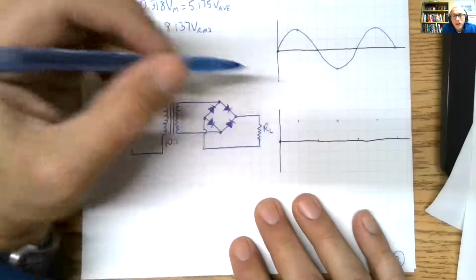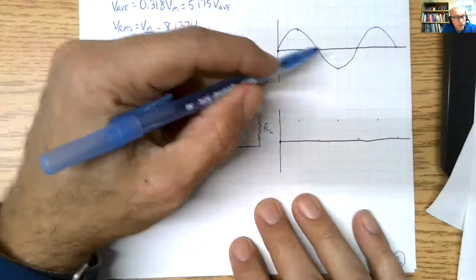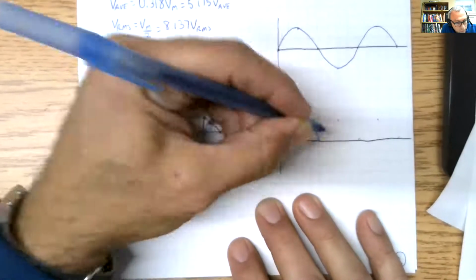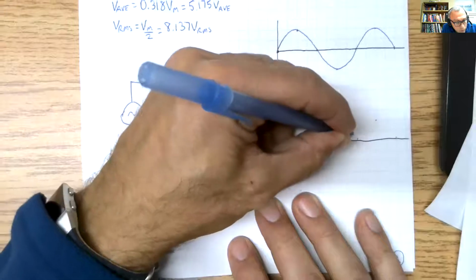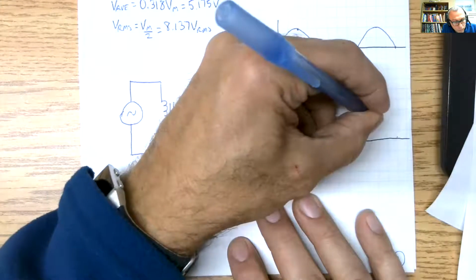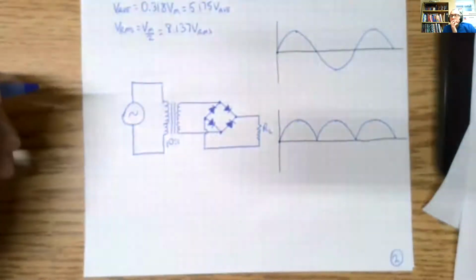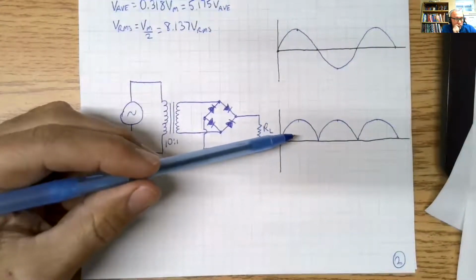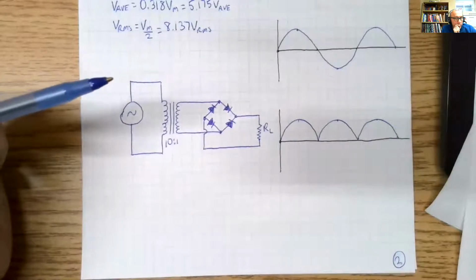So it is rectifying both halves of the cycle, the positive and the negative. So what we're getting is this. We're getting that, okay? So we're getting a DC full wave rectified signal, okay?